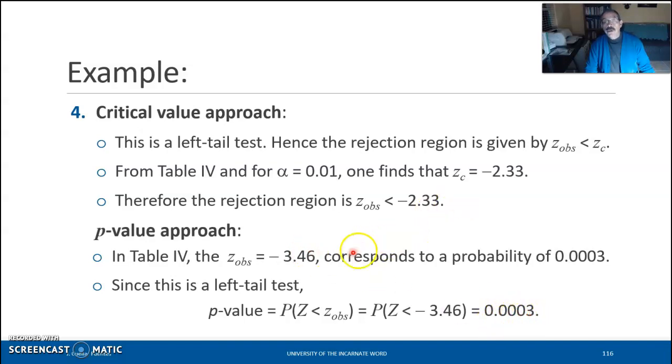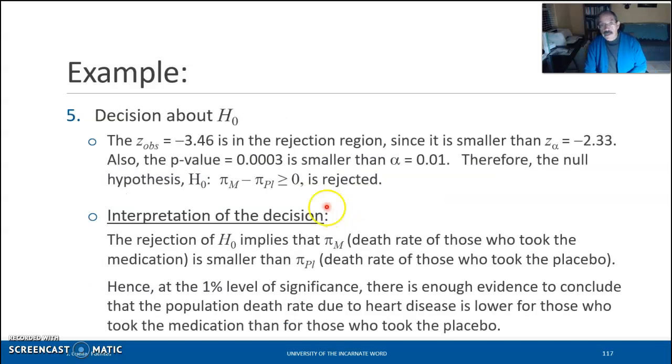All right, so now you can see here that the Z observed is smaller than the Z critical of minus 2.33, and the p-value is smaller than alpha 0.01. So from both conditions, you can see that we should reject the null hypothesis.